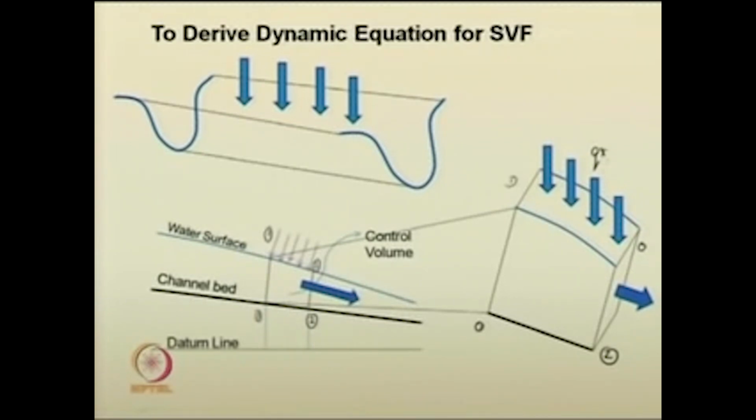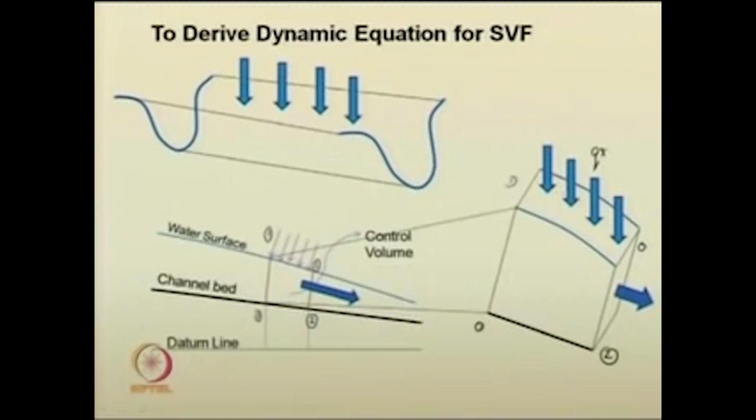The quantity is increased at a rate of Q star, that is, Q star is the discharge per unit length of the reach that is getting added into the channel. So, if you take it like that, Q star quantity is getting added here.